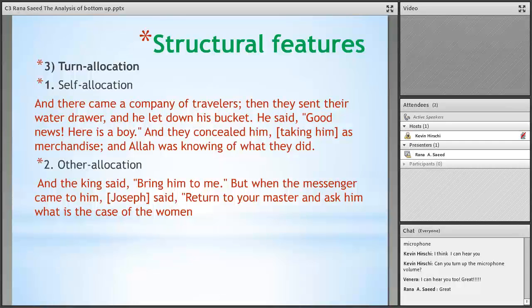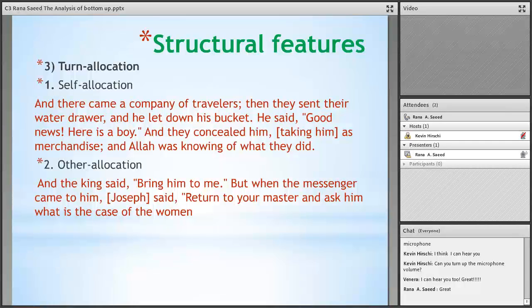Now, in other situations, it is not that the person selects himself, but rather he is selected by other people. So this is an example of the king who selects Joseph to take the turn. The king said, "Bring him to me." But when the messenger came to Joseph, Joseph said, "Return to your master and ask him what is the case of the women." This is a clear example of how other-selection is usually dominant in the data.